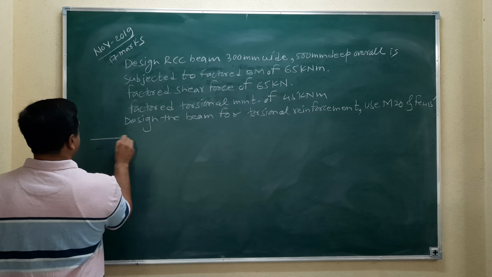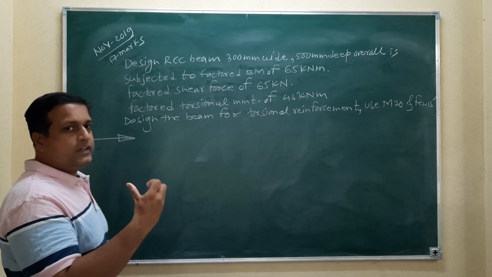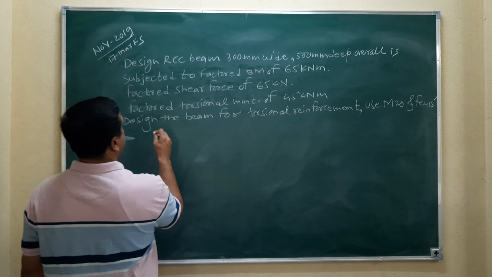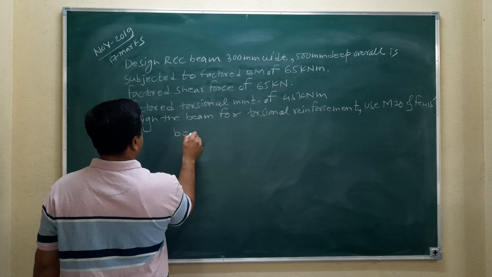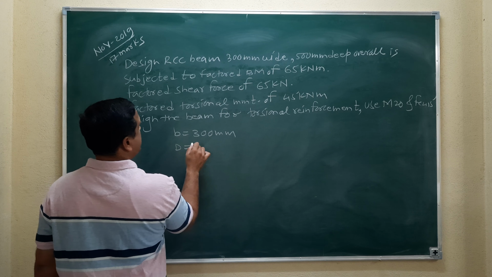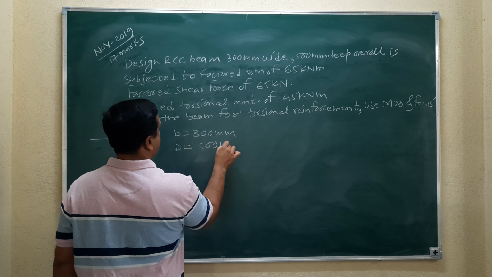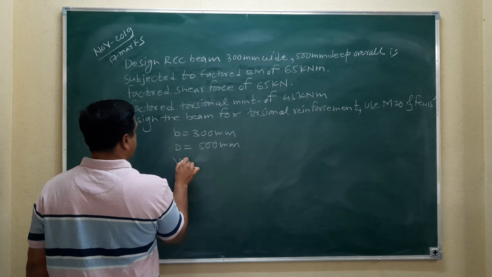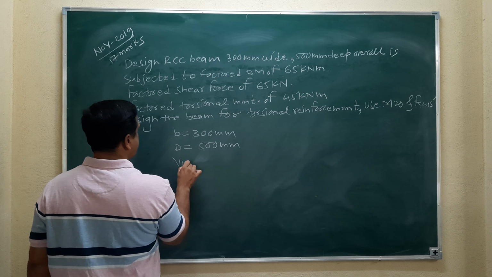Let's first list out the given data. The width of the beam is 300 mm, overall depth is 500 mm, factored shear force is 65 kN, factored bending moment is 65 kN/meter, and factored torsional moment is 45 kN/meter.